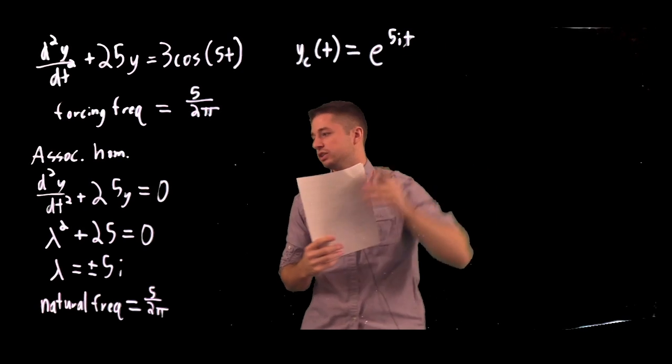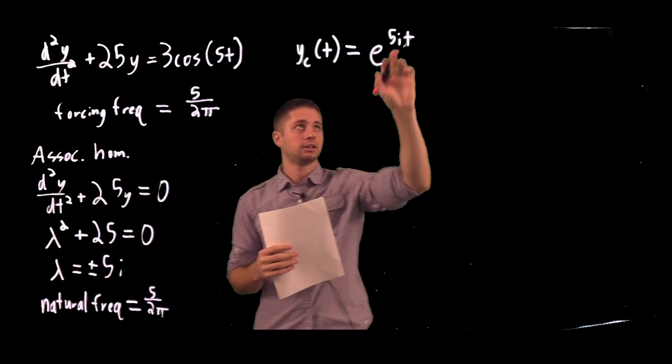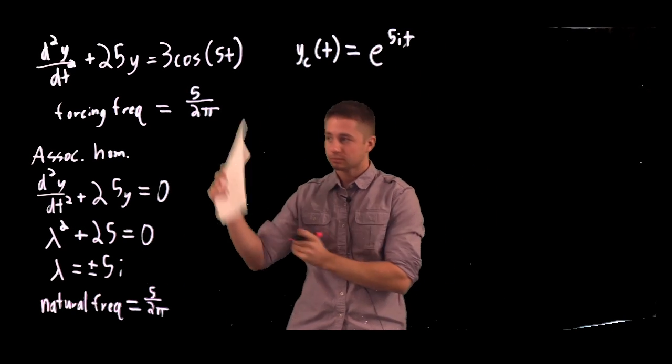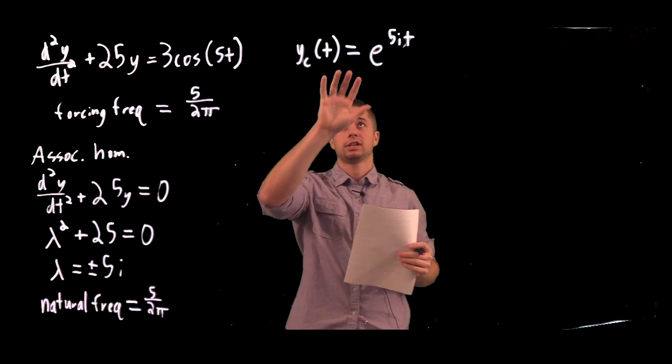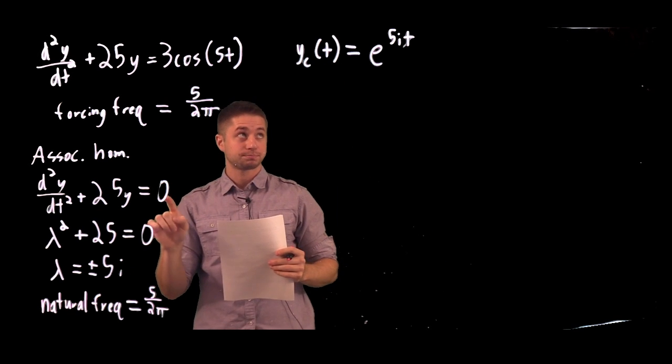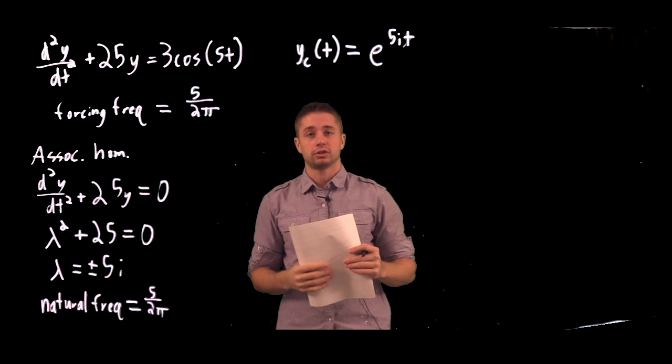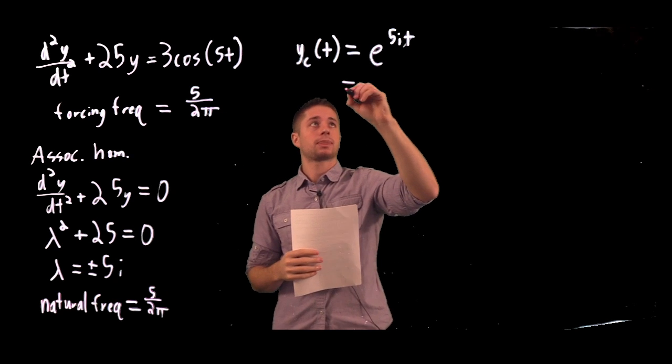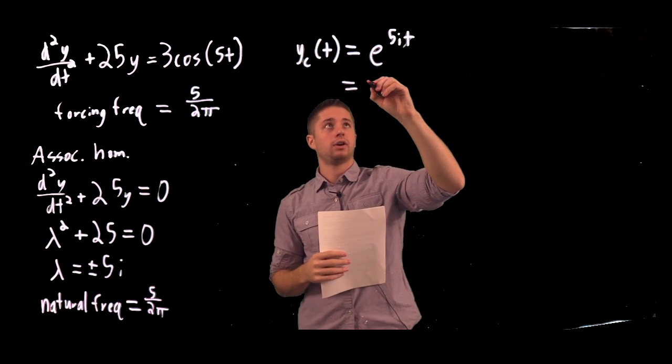You can just pick either plus or minus 5i and put it here. This is a perfectly good complex solution to this associated homogeneous equation. But we want real solutions, so we can expand this out using Euler's formula.